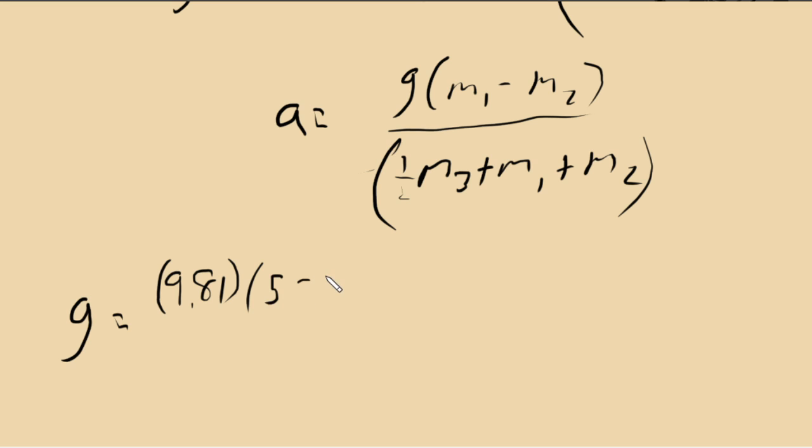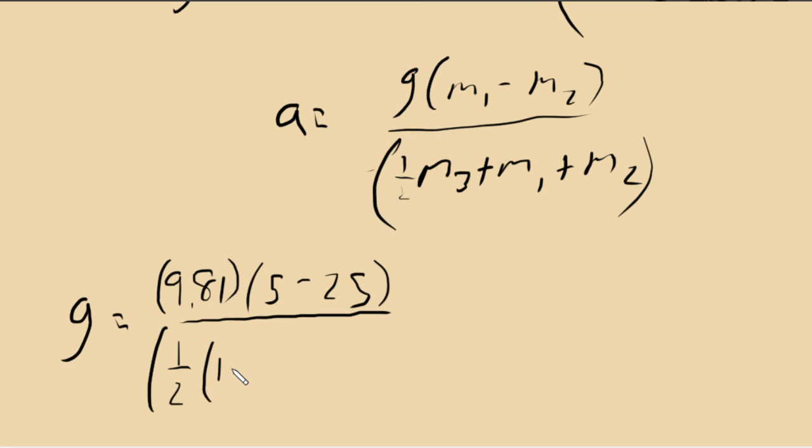I'm not going to write the units just because I'm not that great at writing with this. So we got gravity, 9.81 meters per second squared. We got mass 1, 5 kilograms minus mass 2, 25 kilograms. And then the denominator, we got 1/2 mass 3, which was 10 kilograms, plus our mass 1, 5 kilograms, plus mass 2, 25 kilograms.